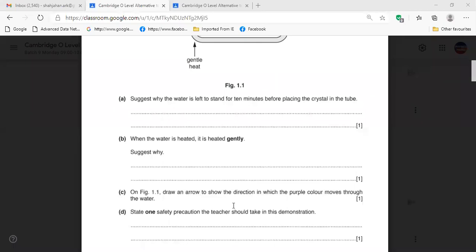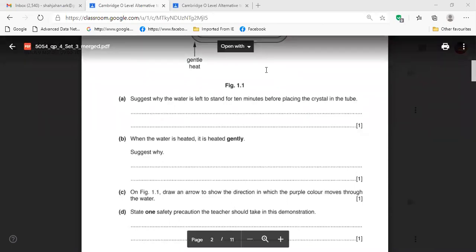And what about others, Ifaz and Tamjid? Sir, I wrote so that the convection current can take place easily, uniformly. Okay, so that the convection process can take place uniformly. Then Tamjid, I did not write it. Okay, you did not write.